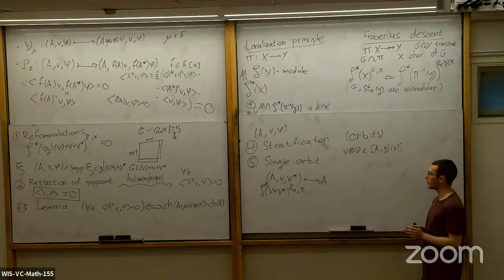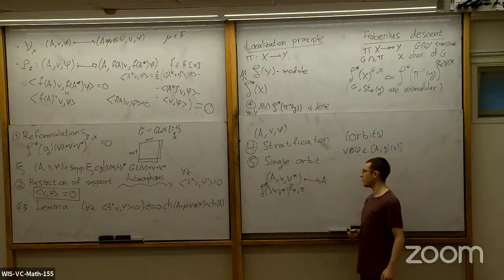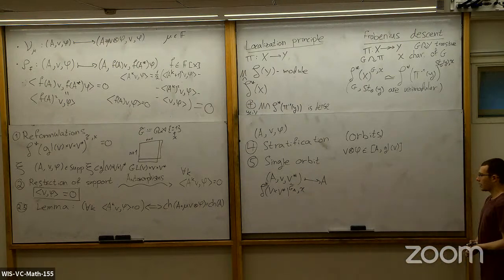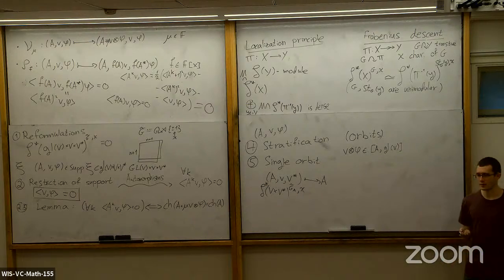We have a bilinear product thereby defined by pairing. And this Fourier transform also satisfies all of the equivalence conditions, because it commutes with the action of G tilde, and here we also apply Frobenius descent.